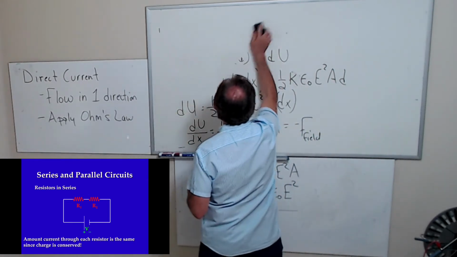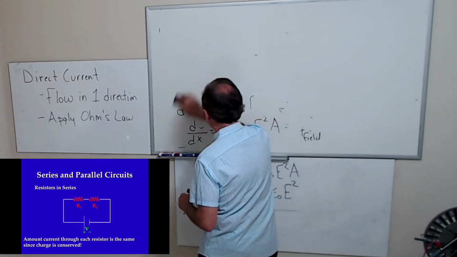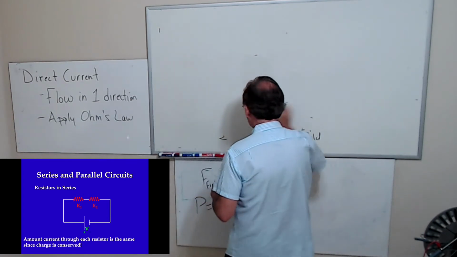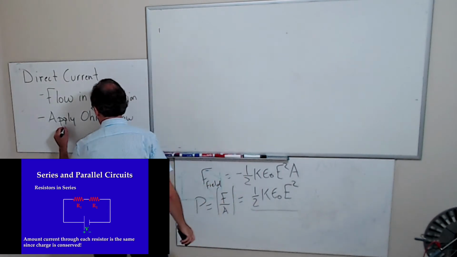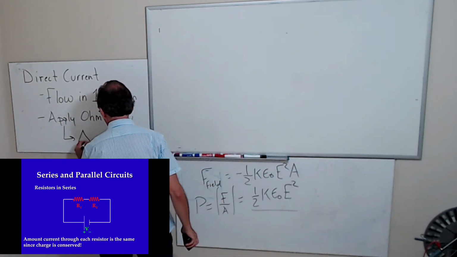So let's consider two resistors that are connected in parallel. As a reminder, let me write down Ohm's law. I'm going to write it down this way.